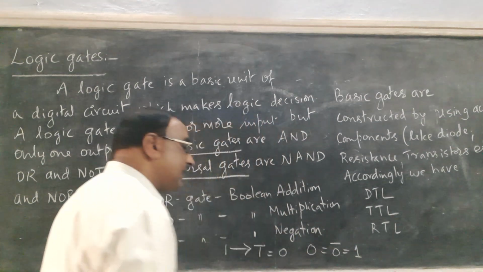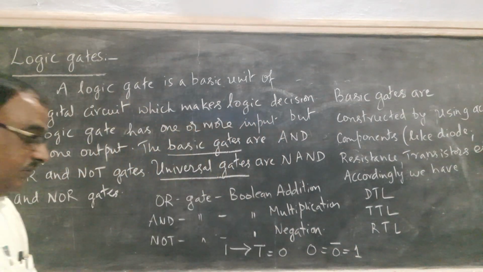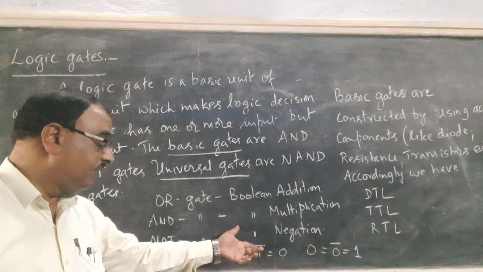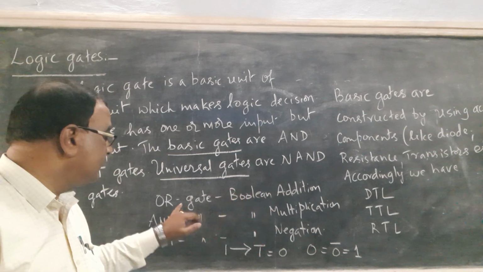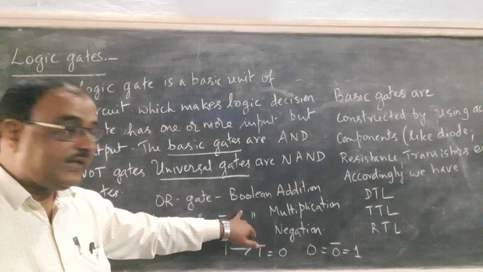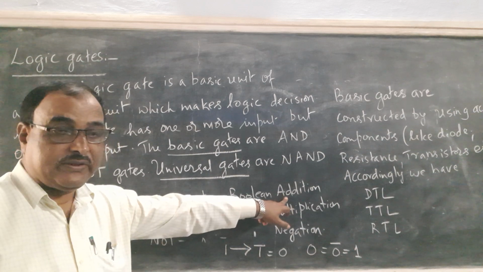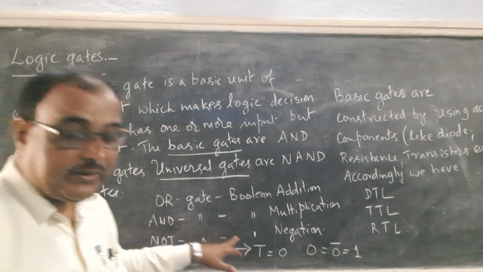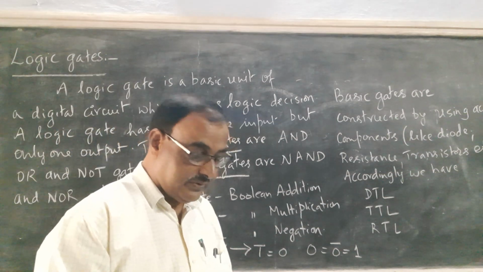So this is how the negation operation is done. It has only one input and one output, right? In all other cases, in case of the OR gate, the addition operation is performed, and in case of the AND gate, the multiplication operation is performed.